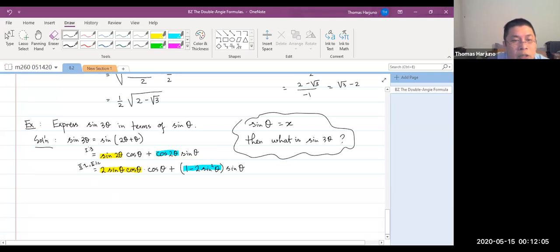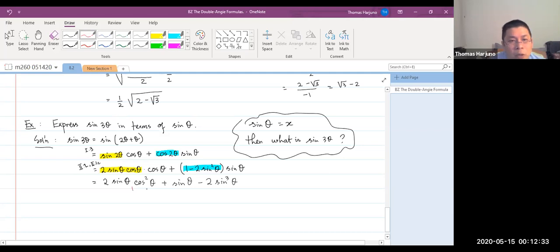Let me go on. This will then be 2 sine theta cosine squared theta minus, distribute the sine theta, minus 2 sine cubed theta. So everything is okay except this one guy here.